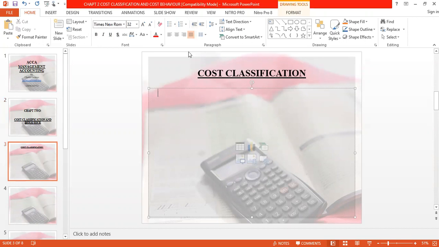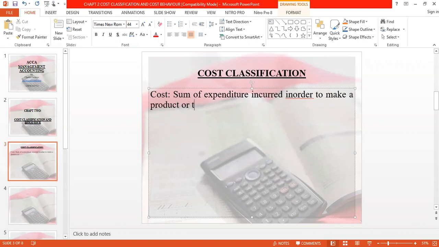Cost, we said last time in chapter 1, is the sum of expenditure incurred in order to make a product or to offer a service.